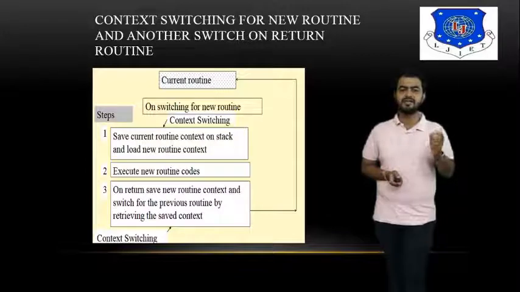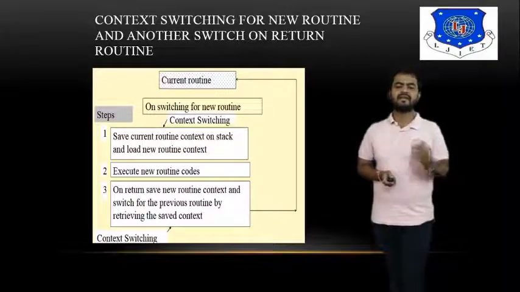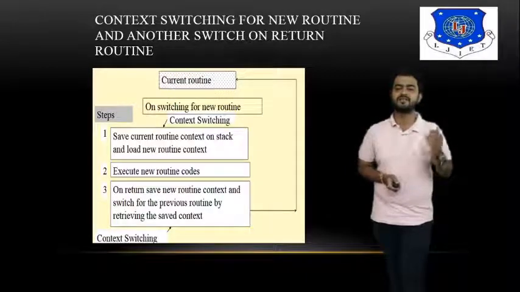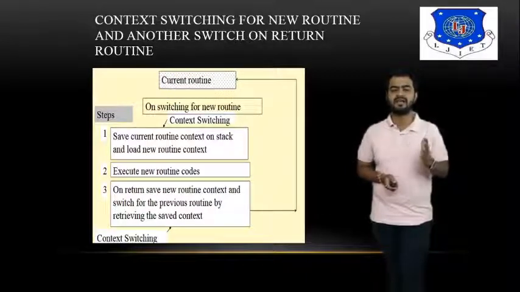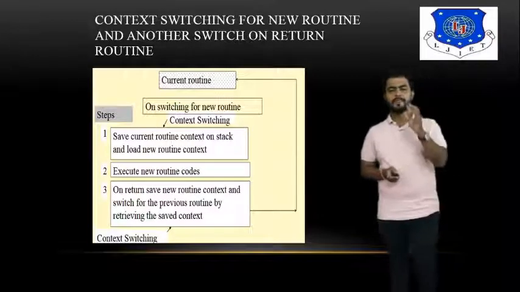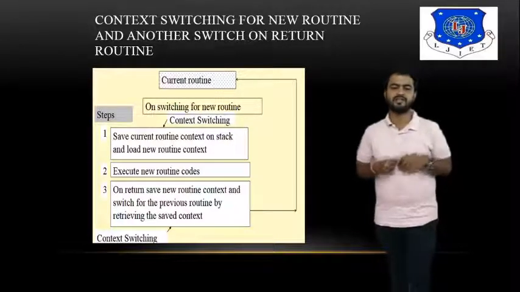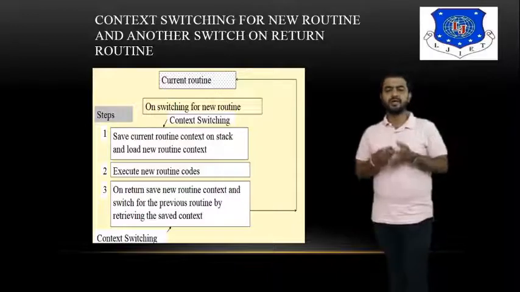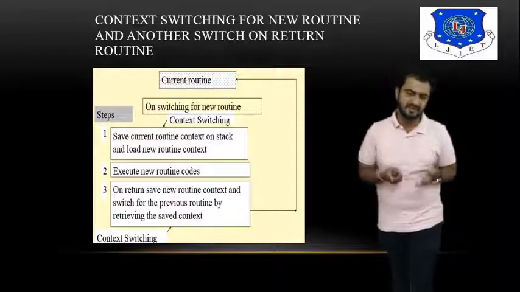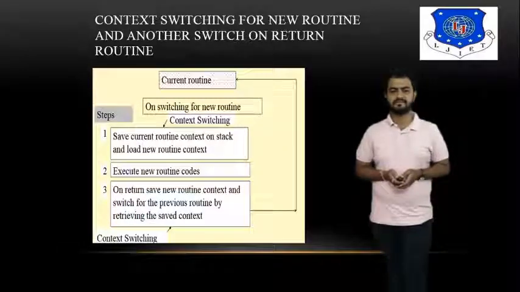On return, save the new routine context and switch to the previous routine by retrieving the saved context. So this process goes on in a similar manner in context switching. Ultimately, each and every time we have to follow the strategy: we have to take a context, load the new routine data, execute the new routine codes, save the new routine context and switch to the previous routine by retrieving the saved context.